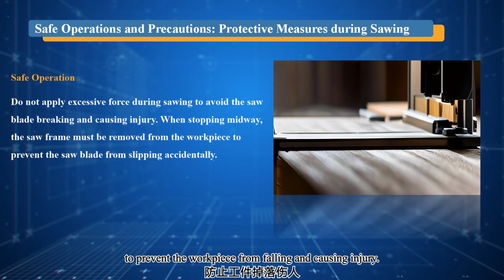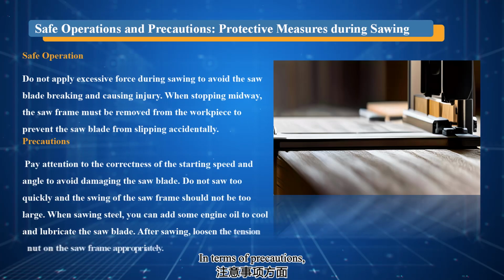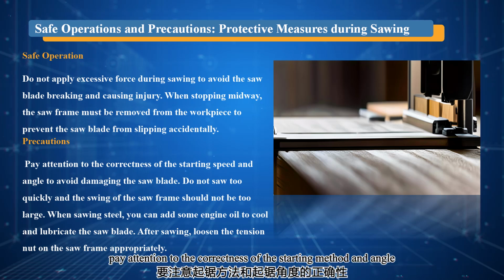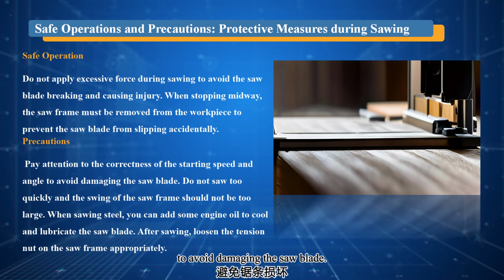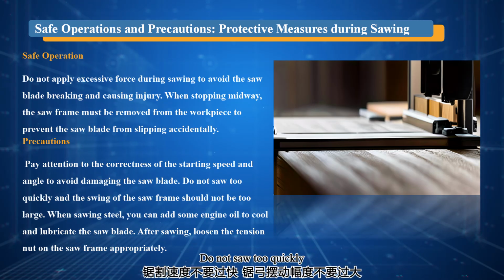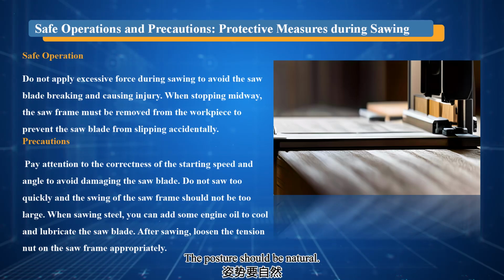To prevent the workpiece from falling and causing injury, in terms of precautions, pay attention to the correctness of the starting method and angle to avoid damaging the saw blade. Do not saw too quickly, and the swing of the saw frame should not be too large. The posture should be natural.